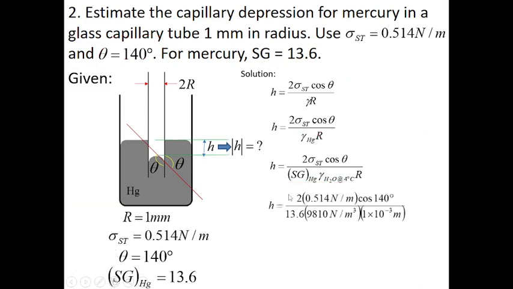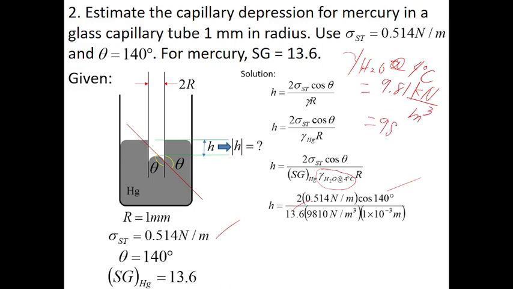So we now substitute the values. We have the surface tension, then 140 degrees, the specific gravity. Take note that the unit weight of water at 4 degrees Celsius, as in my previous discussion, is 9.81 kilonewton per cubic meter, and that is 9,810 newtons per cubic meter.